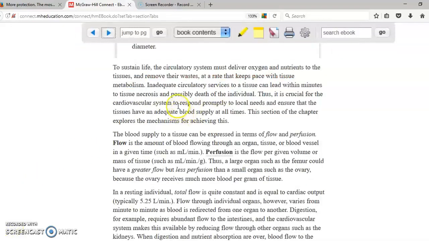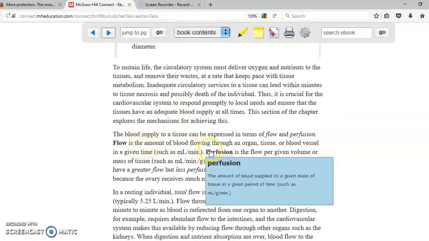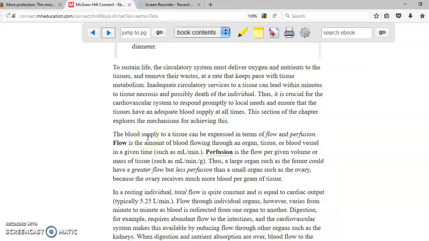So blood vessels, what they do is they supply the organs with blood, and obviously they are going to allow blood flow, which is the amount of blood that goes through a specific organ. Perfusion is the amount of blood that goes through an organ from the organ perspective. For example, you have the bone and you have the ovaries.